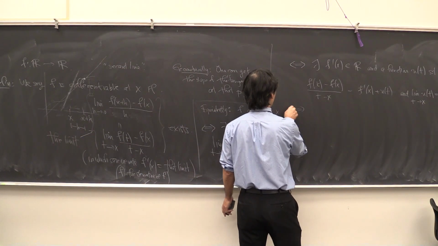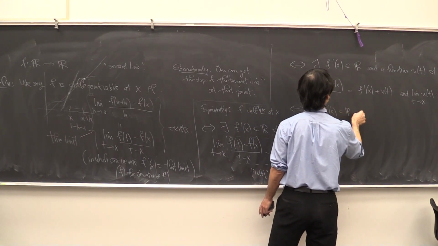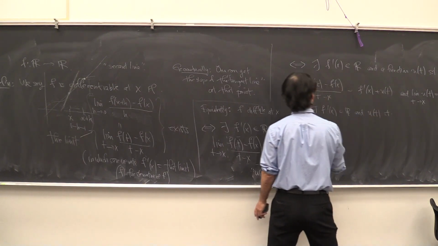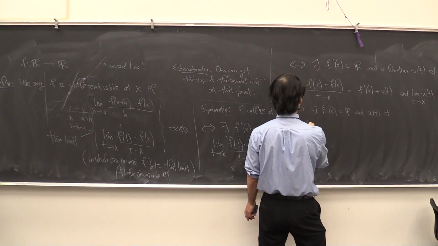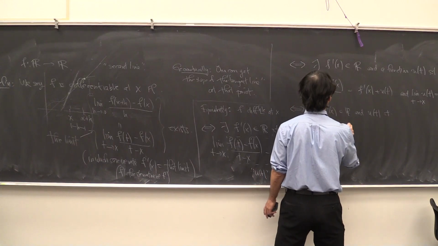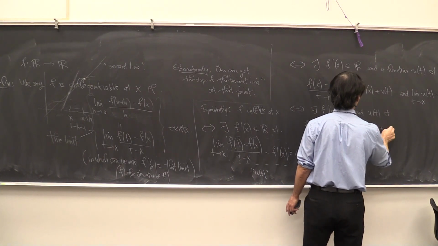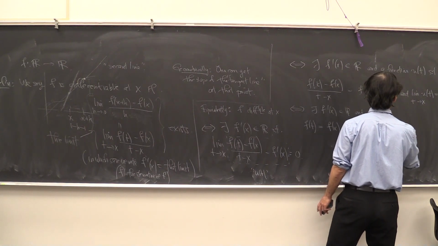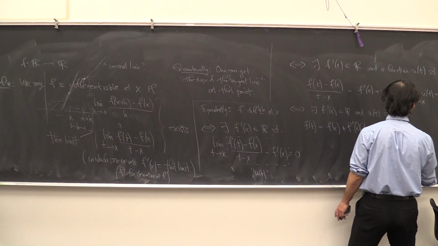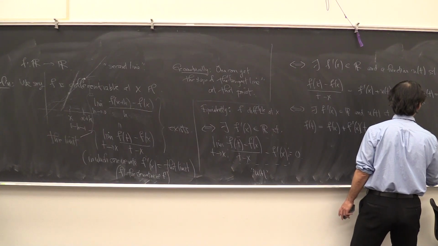Okay, so let me rewrite it one more time. There exists f prime of x in R and a function u of t such that f of t equals f of x plus f prime of x times t minus x plus u of t times t minus x, and the limit of u of t equals 0 as t approaches x.